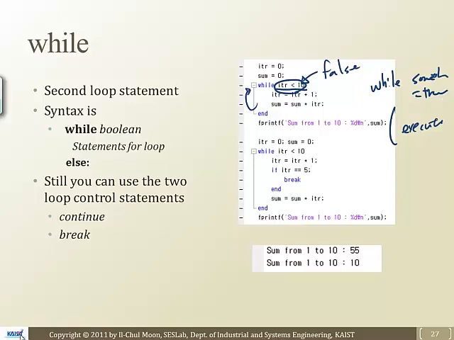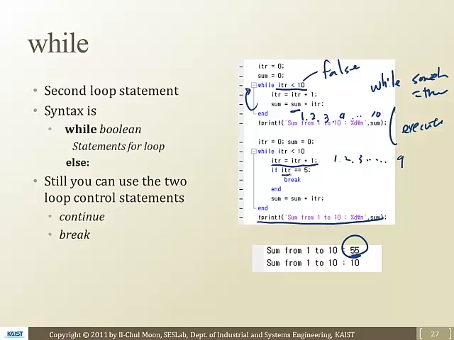So here we are summing from 1 to 10, right? This is a sum from 1, 2, 3, 4 to 10. So the sum is 55 right here, okay? But the thing here is that ITR goes to 10, and since ITR is increased by 1, it's supposed to go 1, 2, 3 to 9.